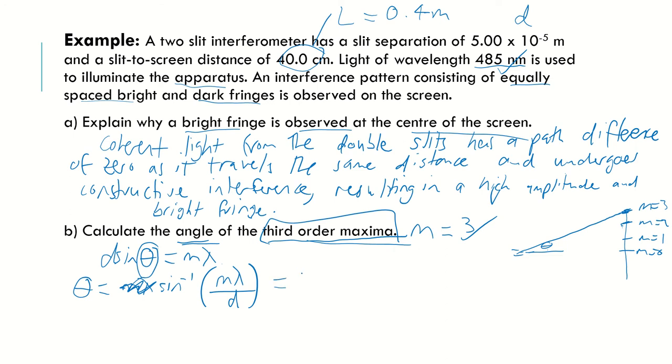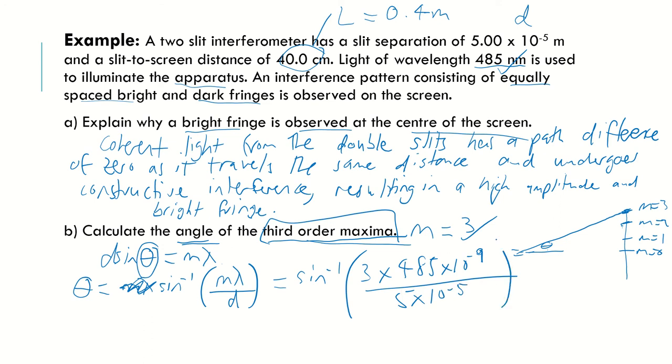So if we type that into our calculator, we'll get sine to the minus 1 of 3 multiplied by 485 times 10 to the minus 9, with nanometers, divided by d, which is 5 times 10 to the minus 5.